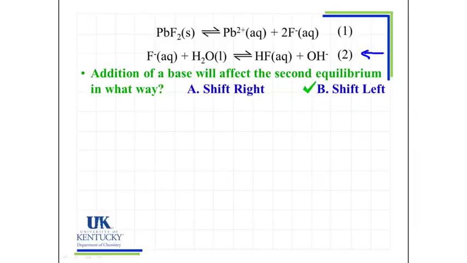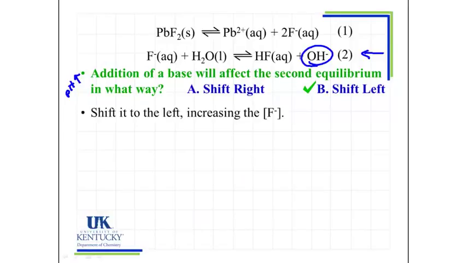Well, did you say it would shift it to the left? That is correct. If you're adding a base, in other words, as the pH is going up, it's going to shift that second equilibrium to the left. And that would increase the amount of F minus in solution.